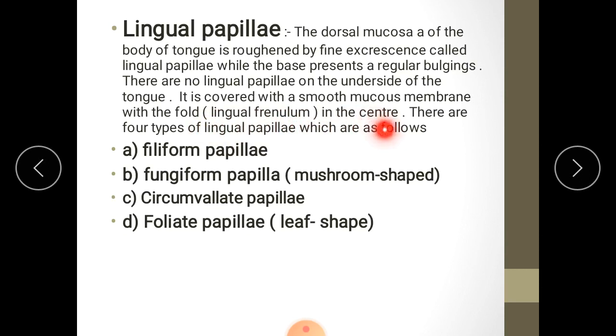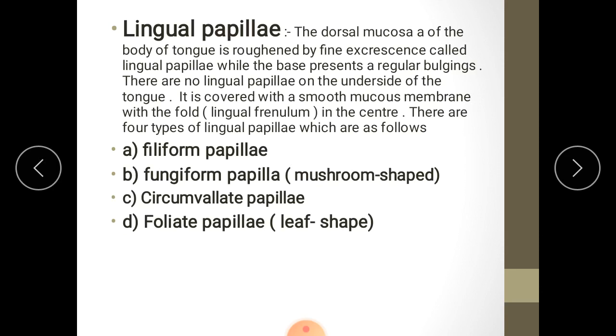The connection between the tongue and the floor of the buccal cavity is called the lingual frenulum. If you lift your tongue, it is attached to the floor of the buccal cavity with the help of a thin septum. That septum is called the lingual frenulum.